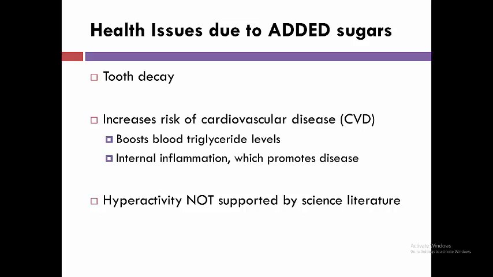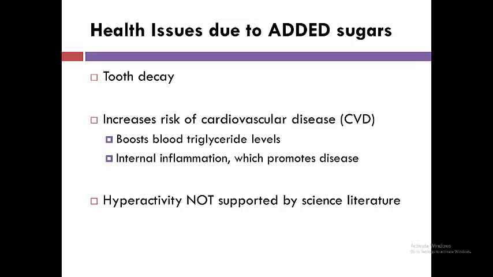So we should be worried about our teeth, for one, because we've all been aware most of our lives that a lot of sugar causes cavities. But you also want to know that when you're taking in a lot of added sugar, it's raising the levels of a blood fat that is called triglycerides.